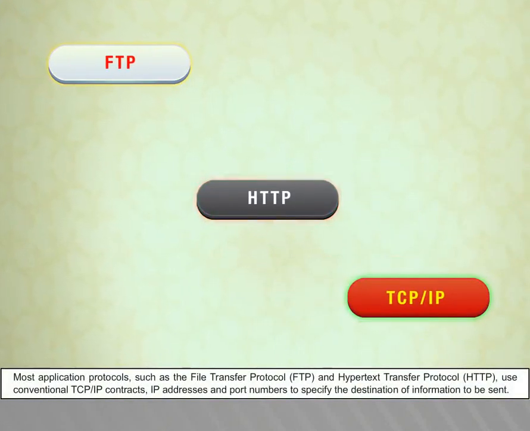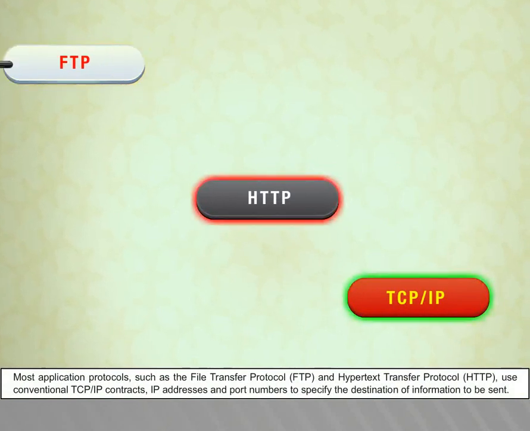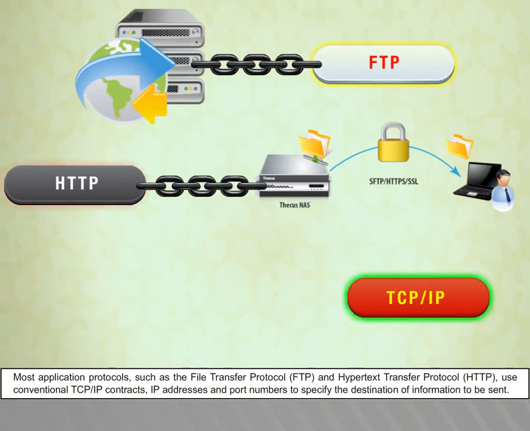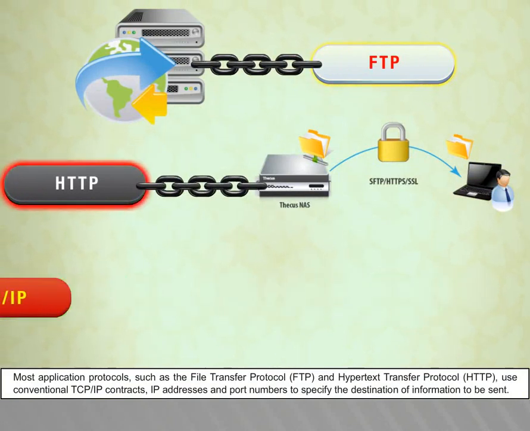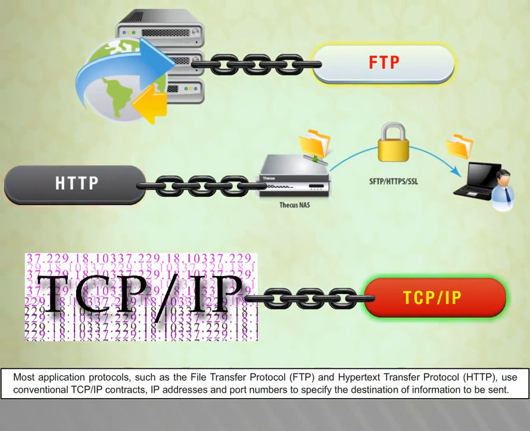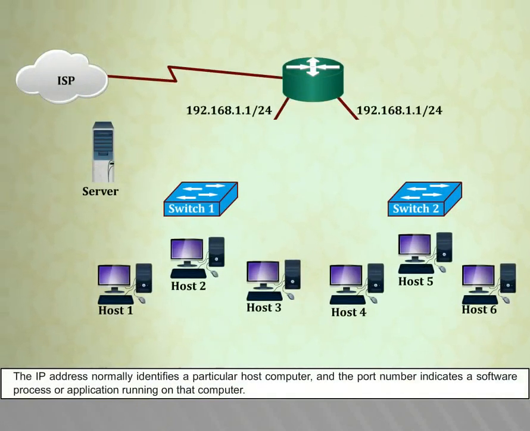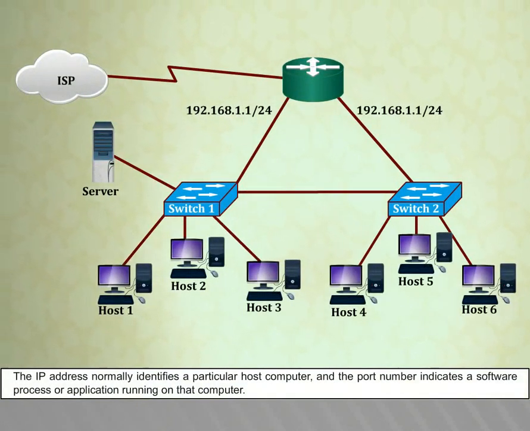Most application protocols such as the File Transfer Protocol (FTP) and Hypertext Transfer Protocol (HTTP) use conventional TCP/IP constructs, IP addresses, and port numbers to specify the destination of information to be sent. The IP address normally identifies a particular host computer, and the port number indicates a software process or application running on that computer.